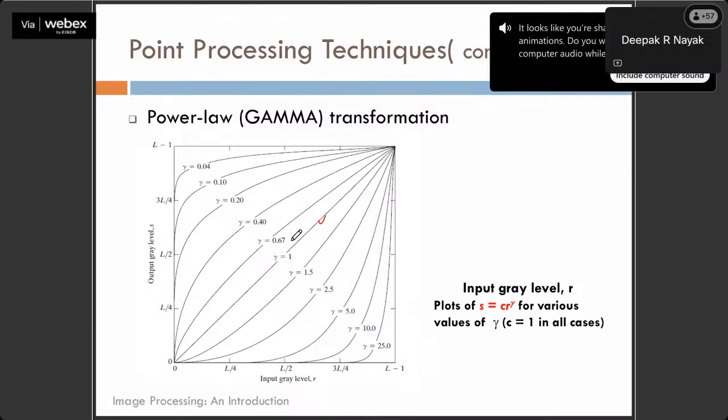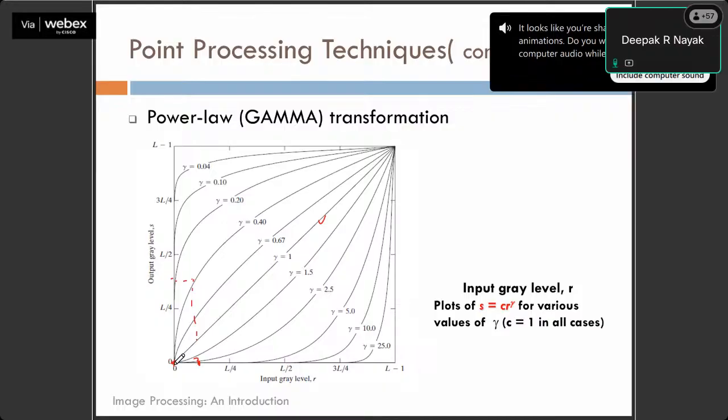When the gamma value is less than 1, this is how the transformation function looks. When it is greater than 1, this is how it looks. When gamma is less than 1, you can see a small range of input pixel values is transformed to a wider range; from here to here, a small range is mapped to a wider range.